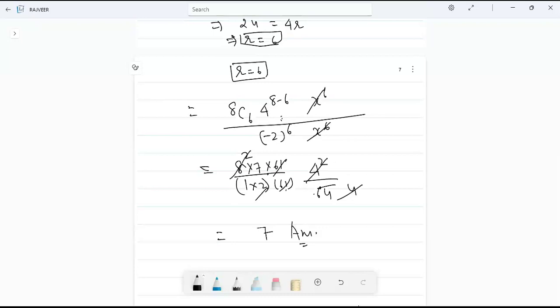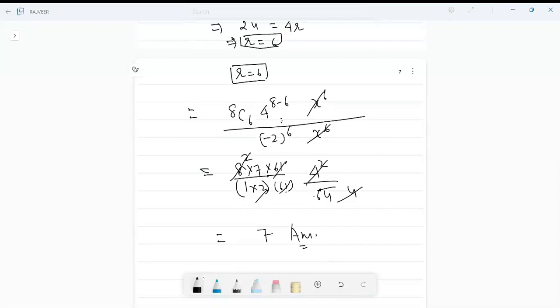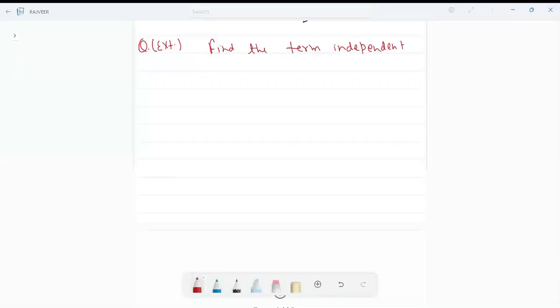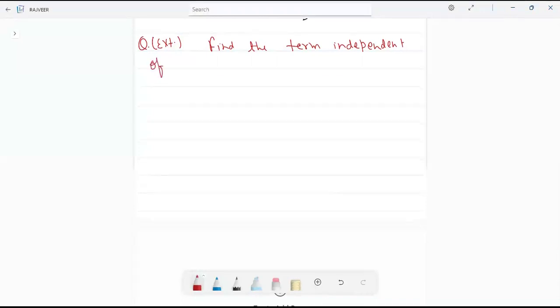Okay. So now it's your turn. I am going to find the term independent of x in the expansion of 3 to the power 3 over x minus 2x over 5, to the power 6. A part.